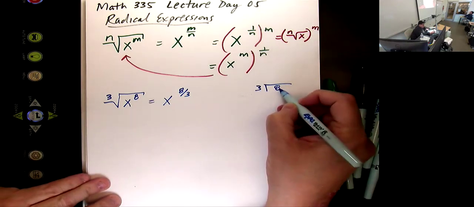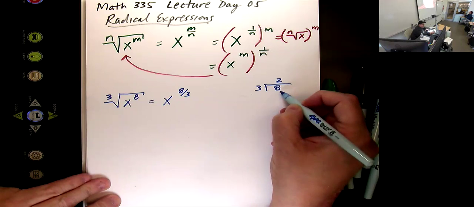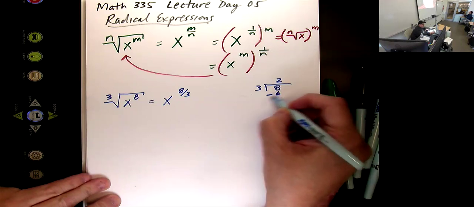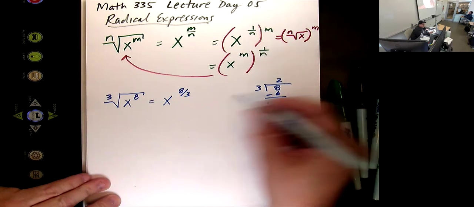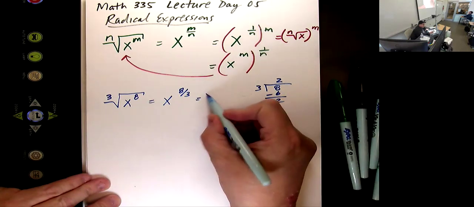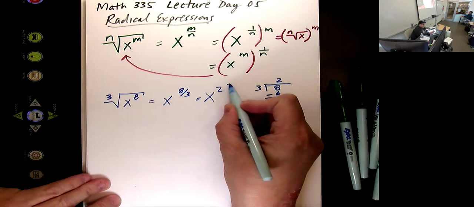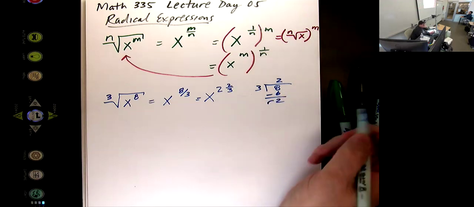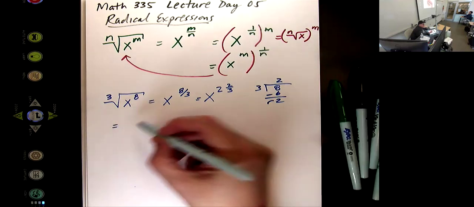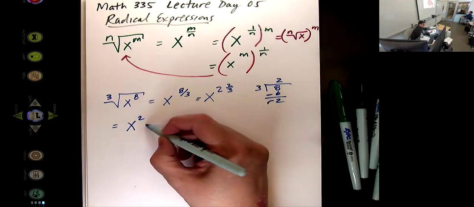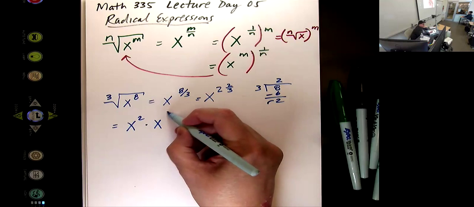If we divide 3 into 8, we get 2. And so this is a 6 and there's 2 left. So we got a remainder 2. This is the same thing as x to the 2 2/3, which is the same thing as x squared times x to the 2/3.